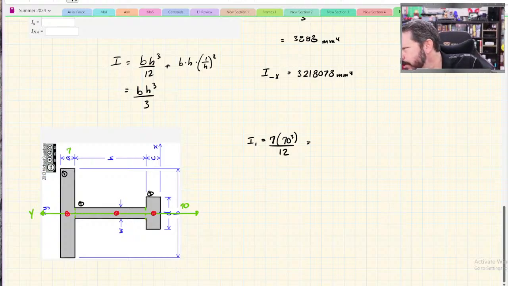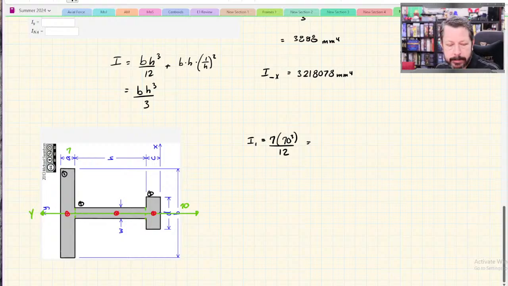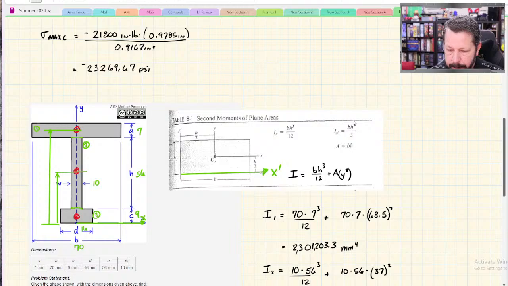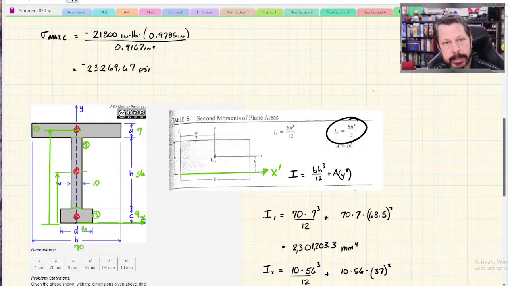How do we know when to use the x prime equation? The x prime in this one is the bottom of the diagram, at the bottom of the rectangle.